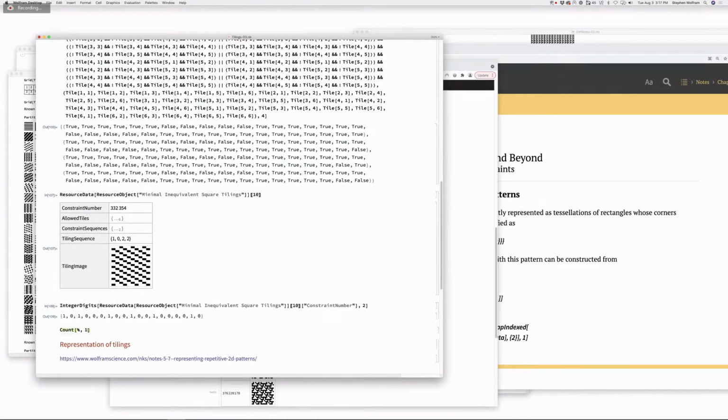If we count the number of ones in there, it's 6. What do you know? Does that make sense? Of the 32 possible tiles, this is saying which 6 are actually allowed. Does that make sense to people? Okay. Yeah, that's what that is. Okay, so now what is constraint sequences?